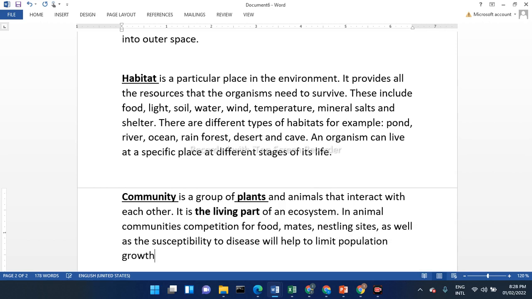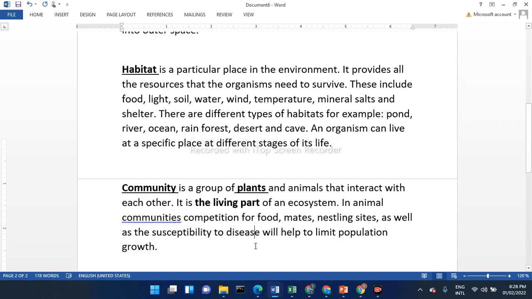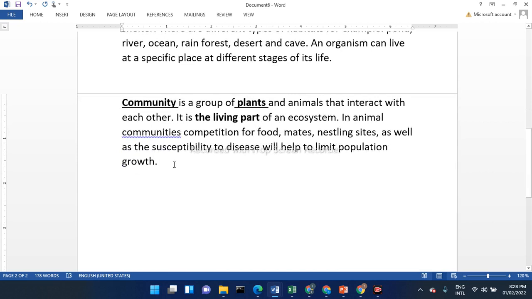The growth of the population is going to be limited because either they're going to get killed by another animal or by animals within their own species, or they're going to get some disease. Because they're susceptible to disease, and those things will help to limit how much of them we have.